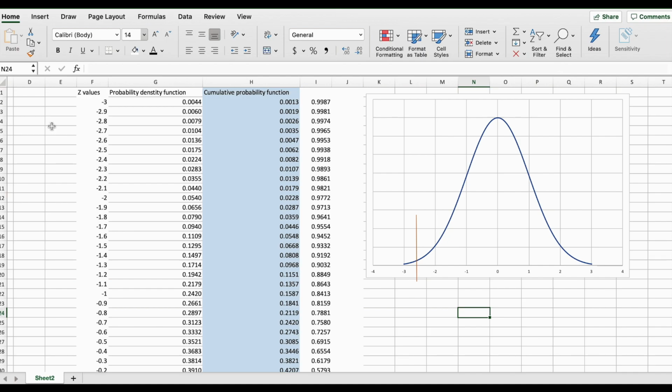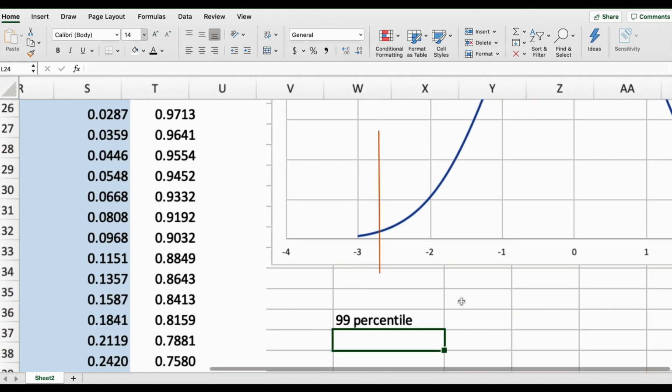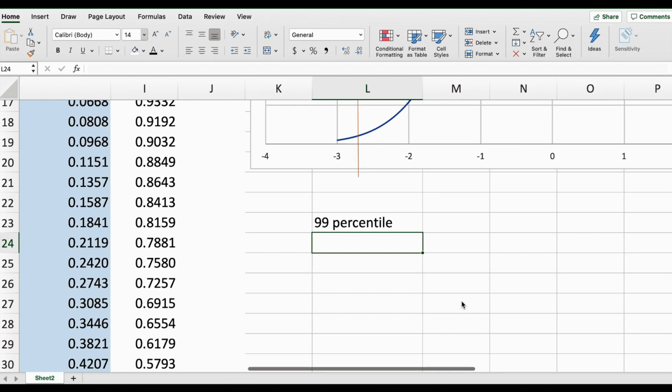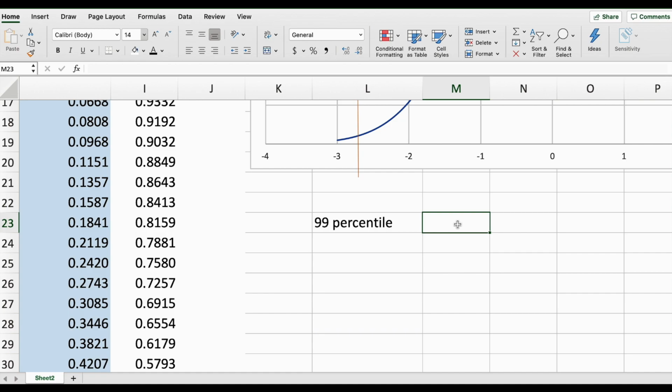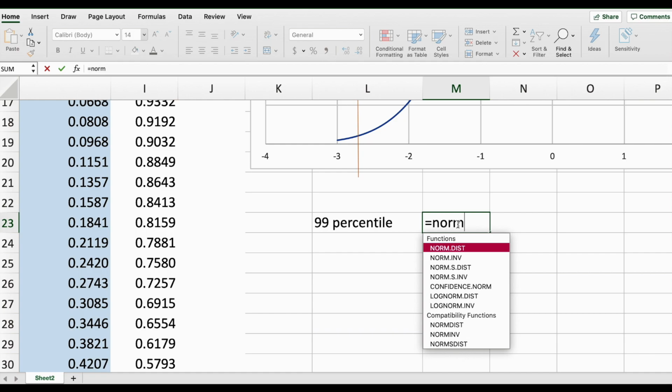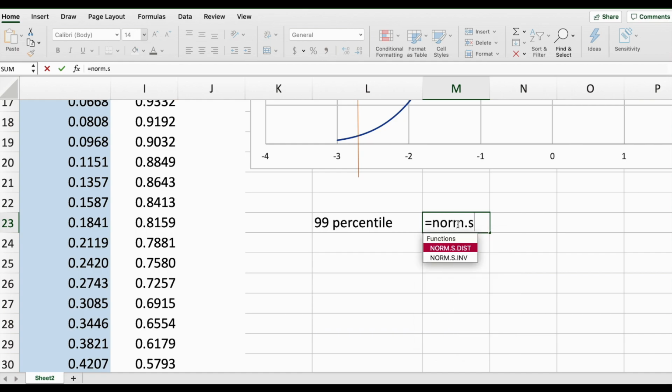So now let us see how we can find percentiles in Excel and how we interpret them. In Excel, in order to find, say, the 99th percentile, we can make use of the NORM.S.INV function.